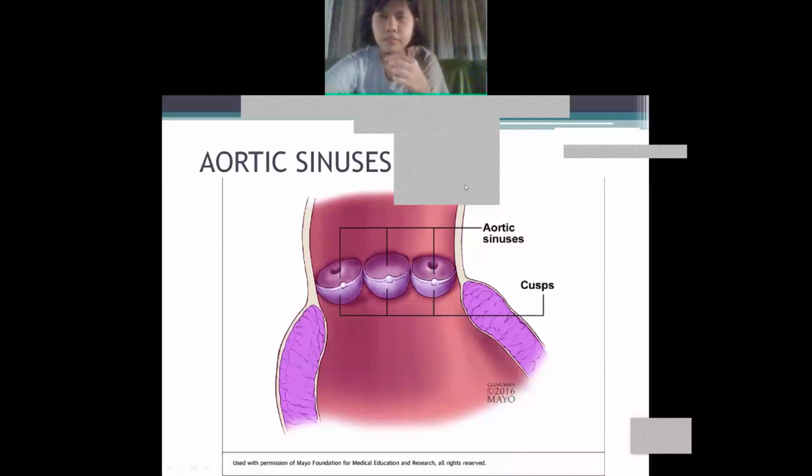Okay. So in the vascular system, you all remember what those are? I mean, what will you get? Anyone?